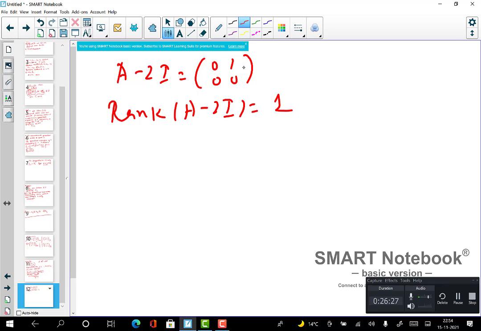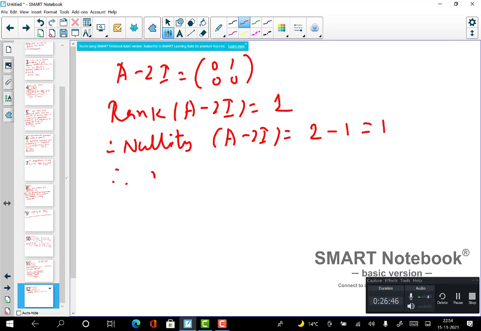This is one linearly independent column vector, and hence you can use the rank nullity theorem to say that the nullity of A minus 2I is 1, because 2 minus 1, where 2 is the dimension of the vector space, is equal to 1. So the null space has dimension 1. So what does that mean? That means the geometric multiplicity of A minus 2I is 1.